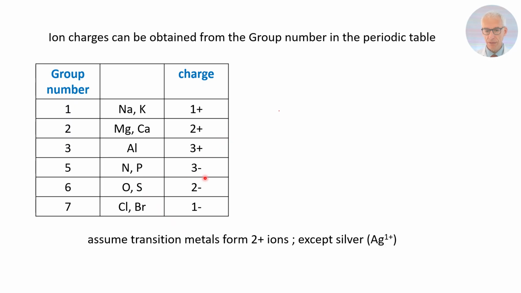In group 5, nitrogen and phosphorus 3-. Group 6, oxygen and sulfur 2-. All element ions in group 7 are 1-. And we can assume, unless we are told differently, that transition metals form 2+ ions, except for silver, which is a 1+ ion.